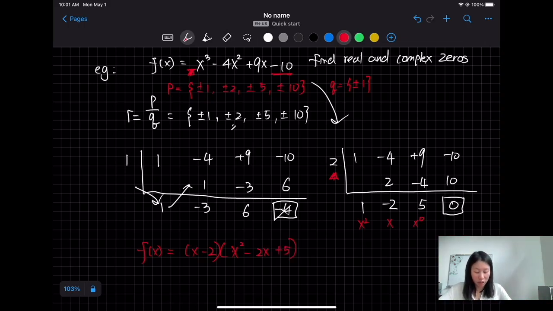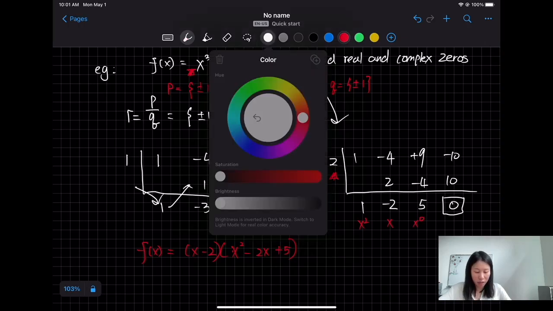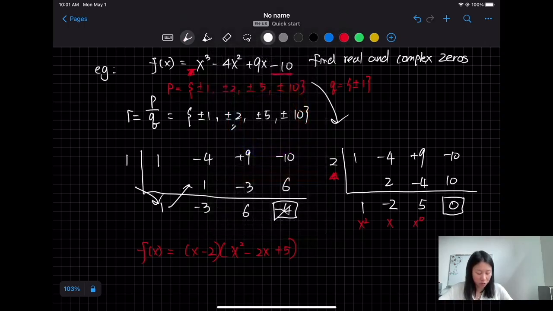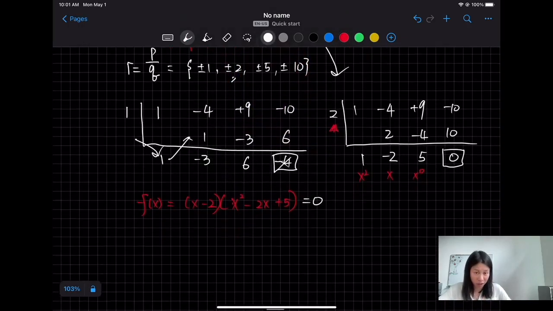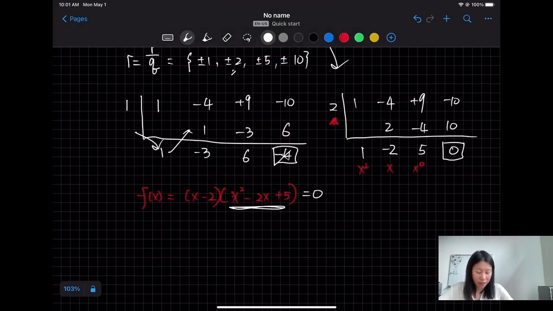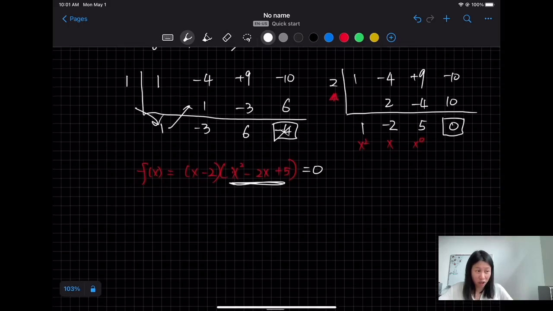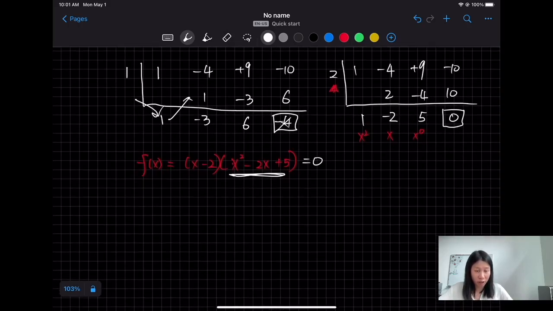Okay, so now we found one root. And now the other zeros: I let the second factor equal 0. The second factor is a quadratic polynomial, so I can use the quadratic formula to solve that problem.